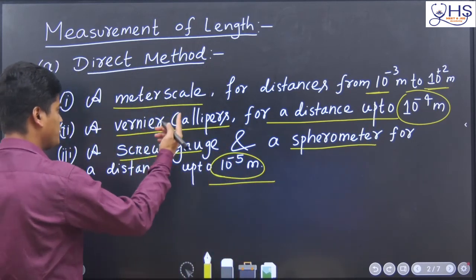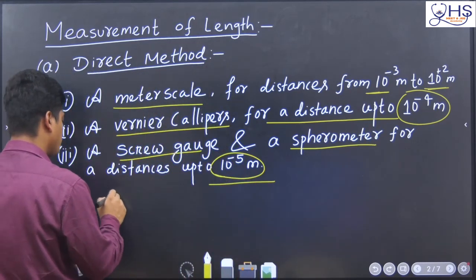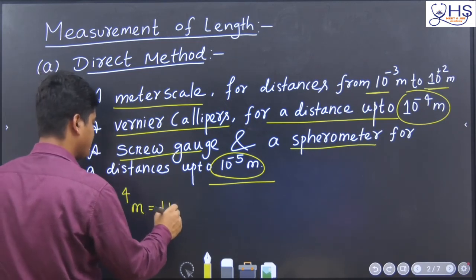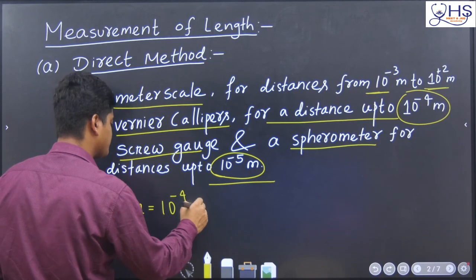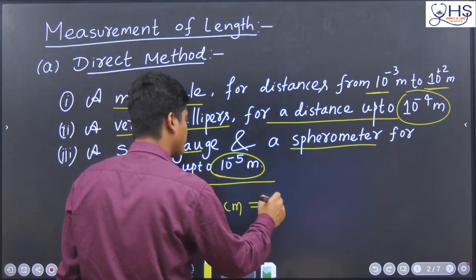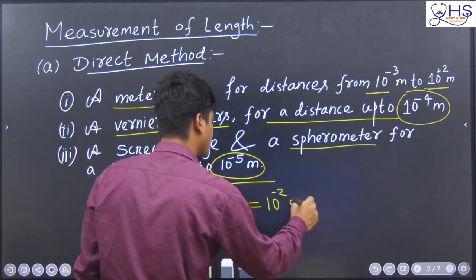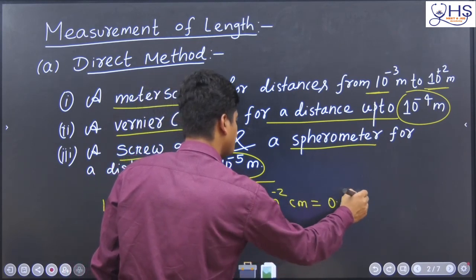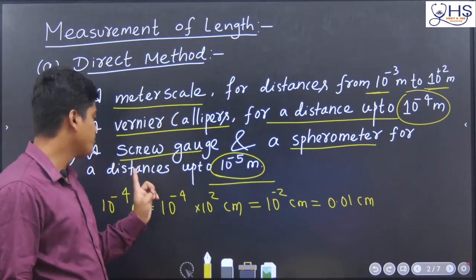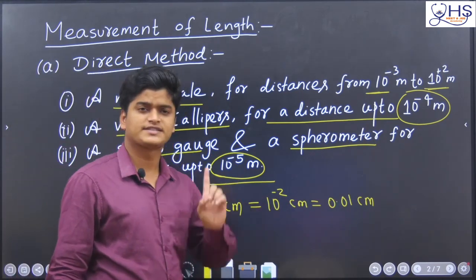Now suppose I want to convert 10 to the power minus 4 meter into centimeter. Remember, 1 meter is 10 to the power 2 centimeter. If we convert, it becomes 10 to the power minus 2 centimeter, which is 0.01 centimeter. So 10 to the power minus 4 meter is nothing but 0.01 centimeter.